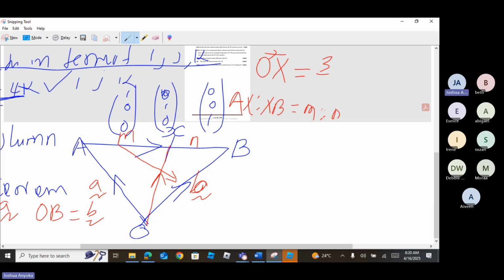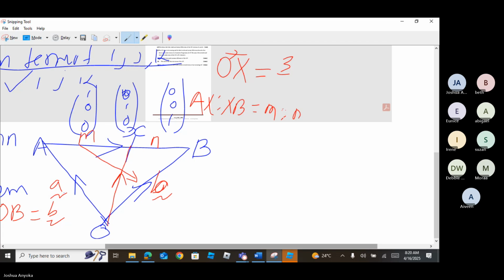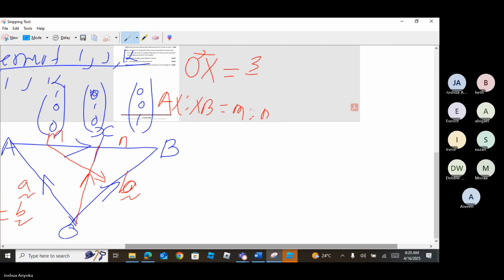To have our ratio theorem, it is OX equals m over (m plus n), that is the total ratio, then b.